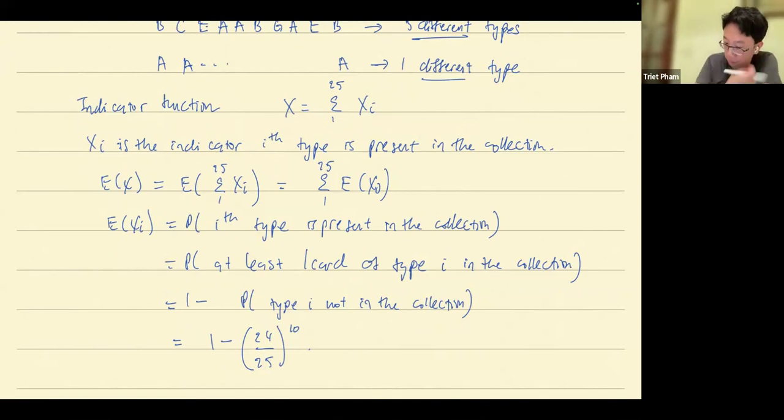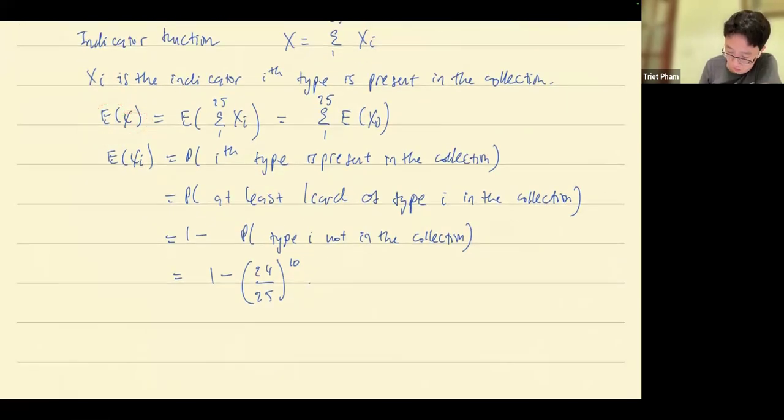So the final answer then is going to be this, but each of them being the same number. So it's going to be 25 times that, like that.